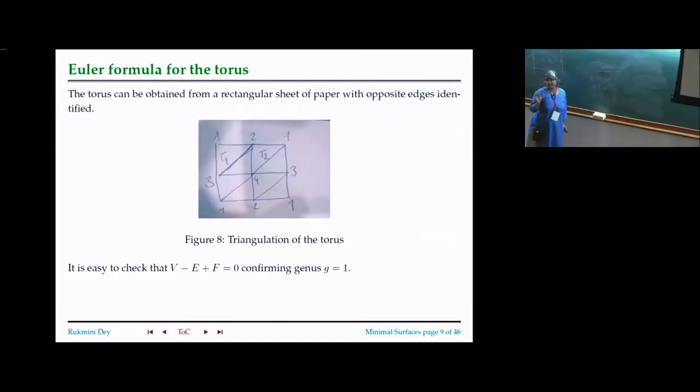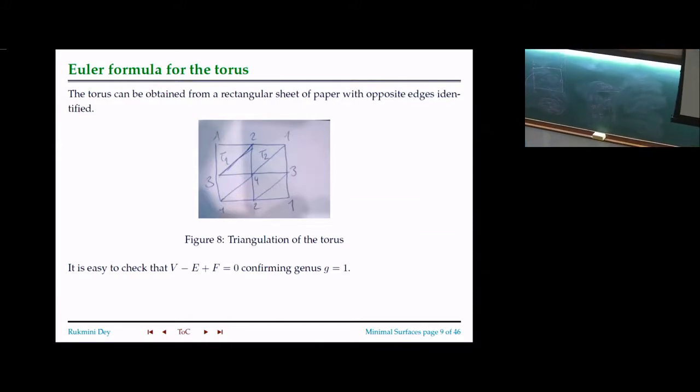Just think about this. So what do we get? 4 minus 12 plus 8 is 0. So 2 minus 2g is 0. So the genus according to this is 1.